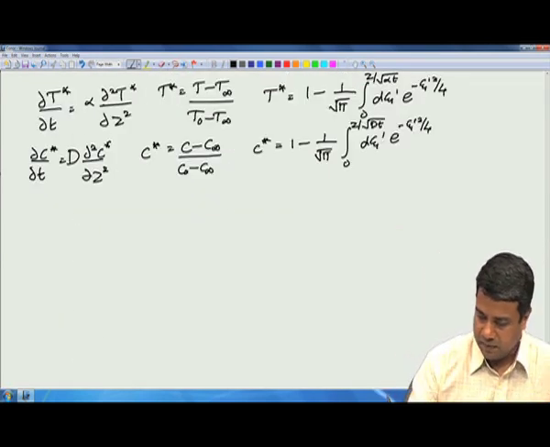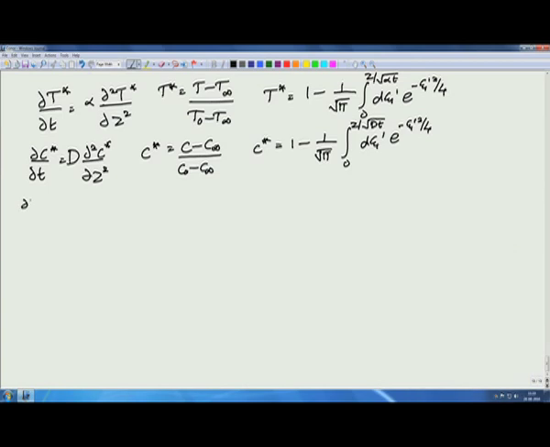My equation will be of the form partial u x star by partial t is equal to nu partial square u x star by partial z square. U x star will just be equal to u x by u. Note that the velocity u infinity was equal to 0 because the fluid was stationary. And the solution for that will be equal to 1 minus 1 over root pi integral 0 to z by root of now kinematic viscosity times t.